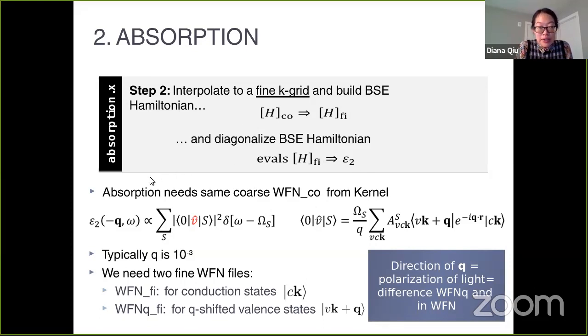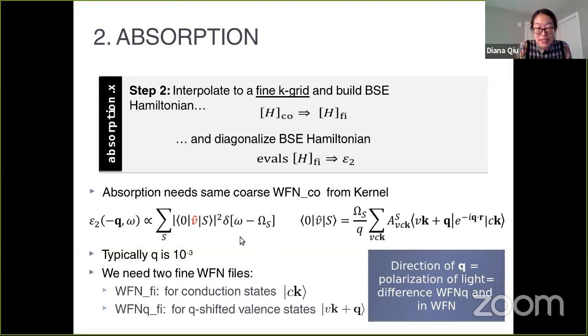So as input, absorption is going to need to have access to the same WFN_CO that you used in kernel. And then eventually, absorption is going to calculate the imaginary part of the dielectric function using Fermi's golden rule.